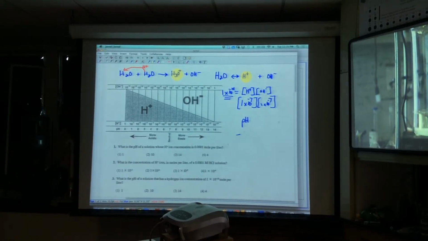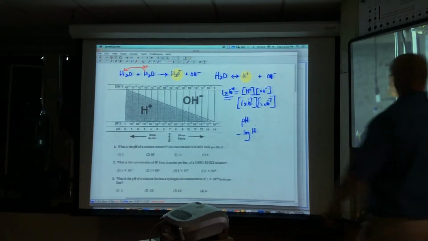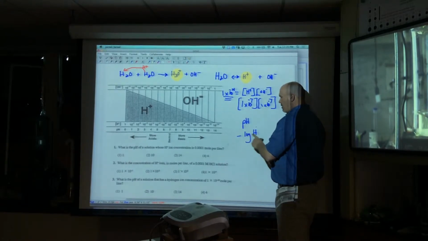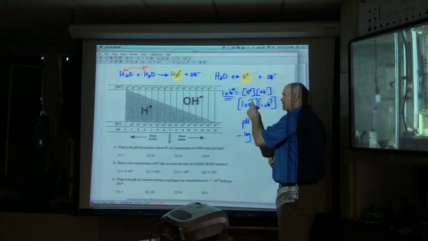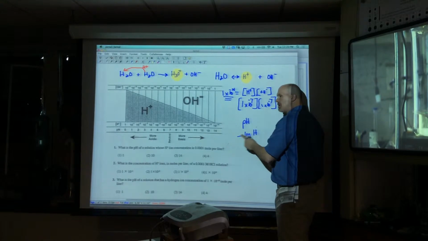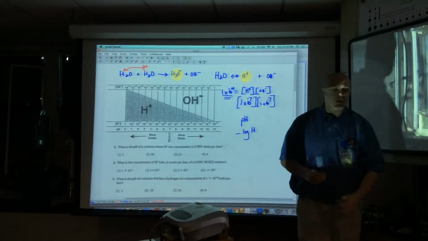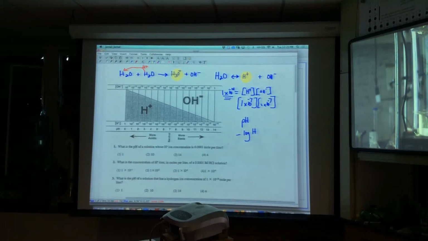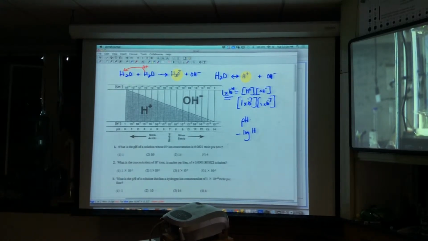Negative log. Negative log of the H. So what we do is we take the positive value of this negative exponent. The log of this number is 7. Actually, it's negative 7. By putting a negative log, it becomes 7. So all you have to know, party people, is that we're taking the positive value of that negative exponent. And that makes it a pH of 7.